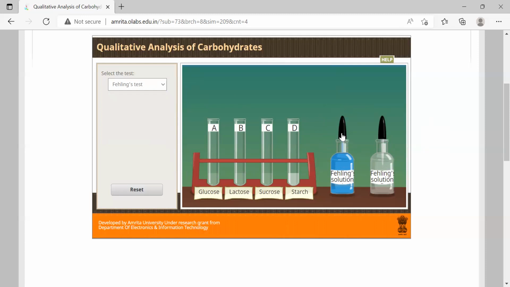To each of the test tubes, you're going to put some of the blue Fehling's solution, followed by the clear colorless Fehling's solution. As you can see, each of the samples now have a deeper blue color.